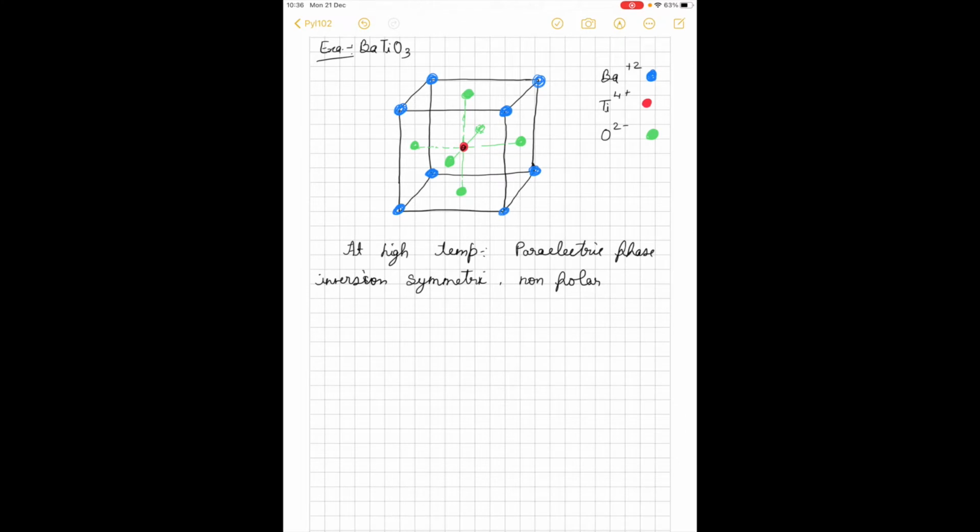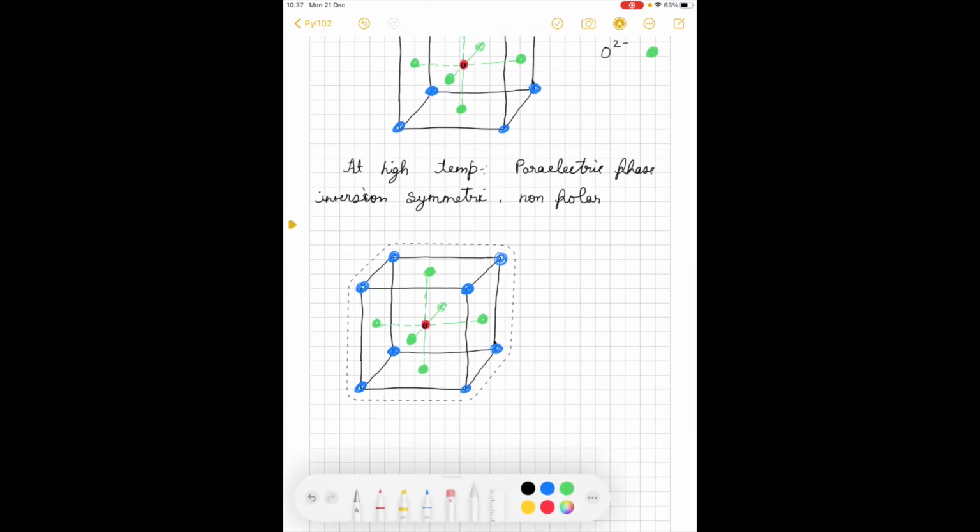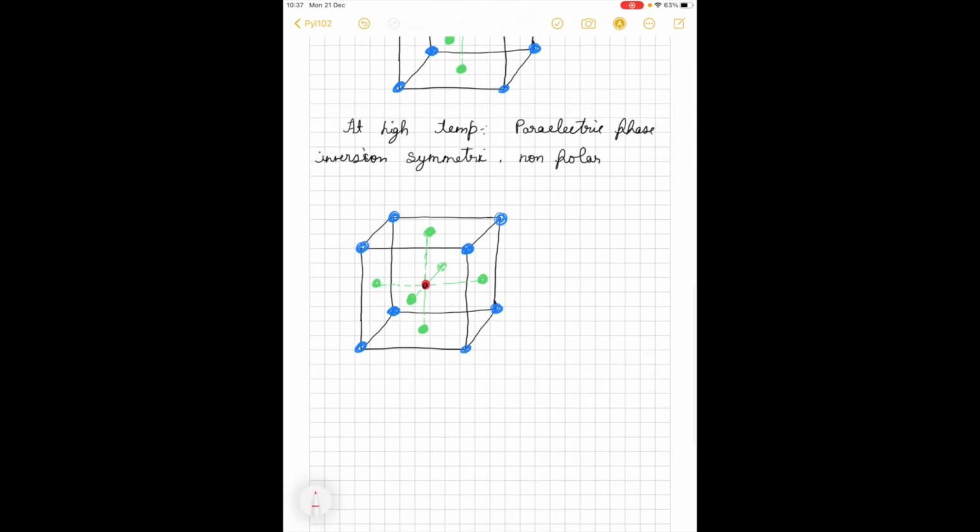But for example, we are lowering our temperature. Now this titanium atom can be in any of these six configurations, right? Let me draw it using a different color. So this titanium atom can be somewhere over here. If it is shifted towards, let's say, positive x, then you have an effective polarization.